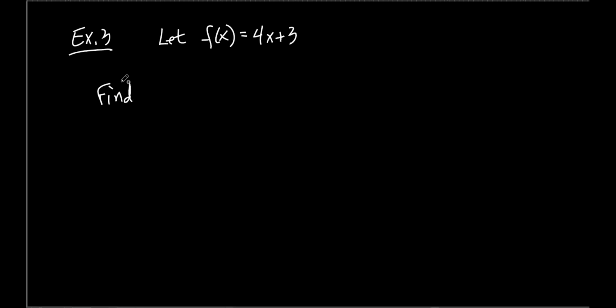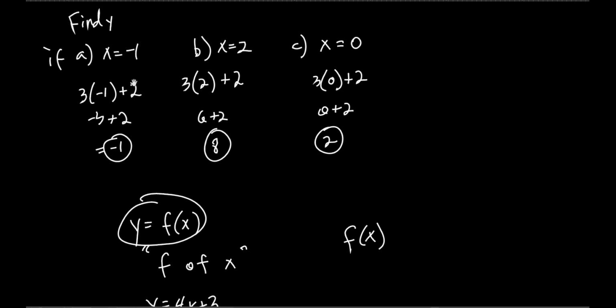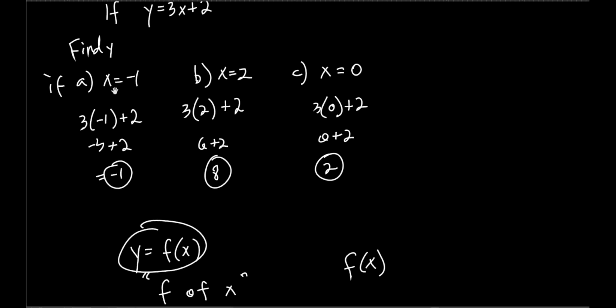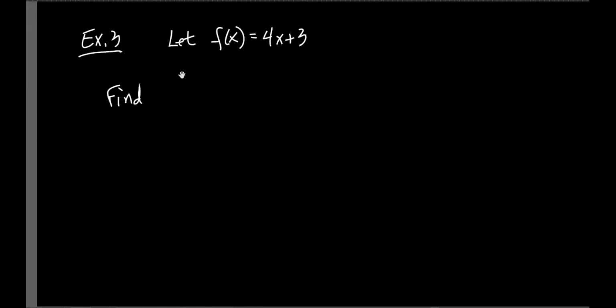Now, this notation's a little different. Over here, I said find y if x equals negative 2, if x equals 2, if x equals 0, and all I did was plug it in. I'm going to do the exact same thing here, except I'm not going to say if x is equal to. They say, find, this is part A, there are 4 parts to this, find f of 3.